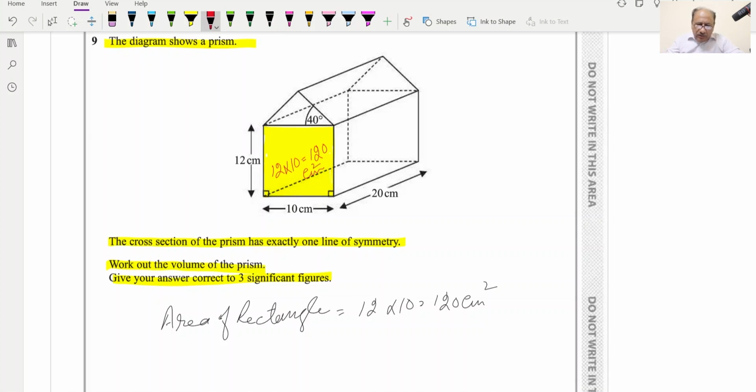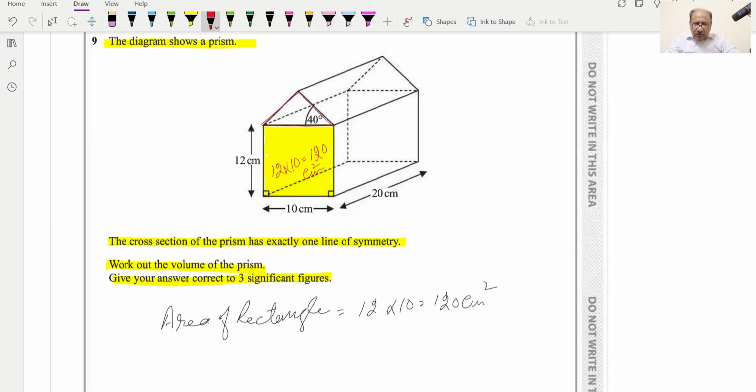Now our target is to find the area of the triangle. And area of which triangle do we require? We require the area of this triangle, and we can draw this triangle.